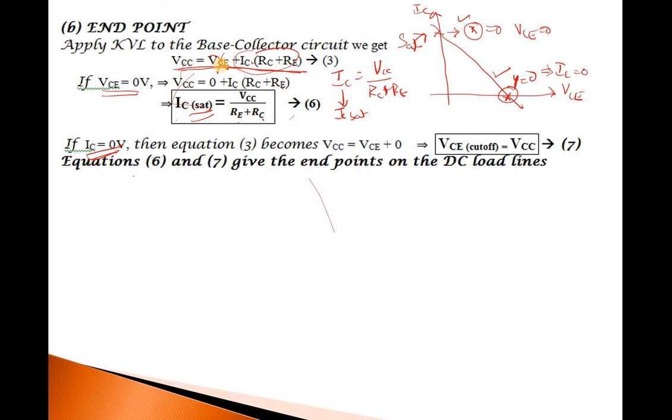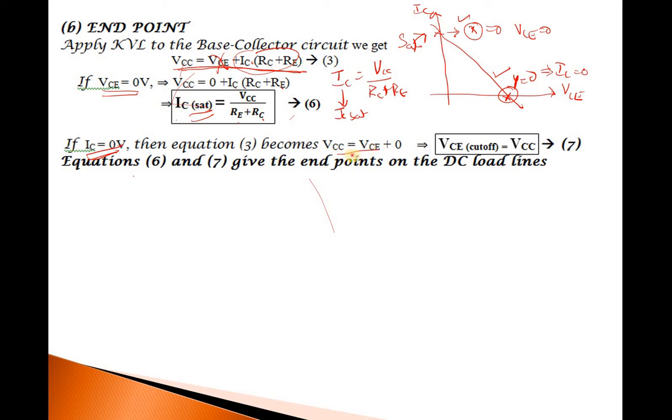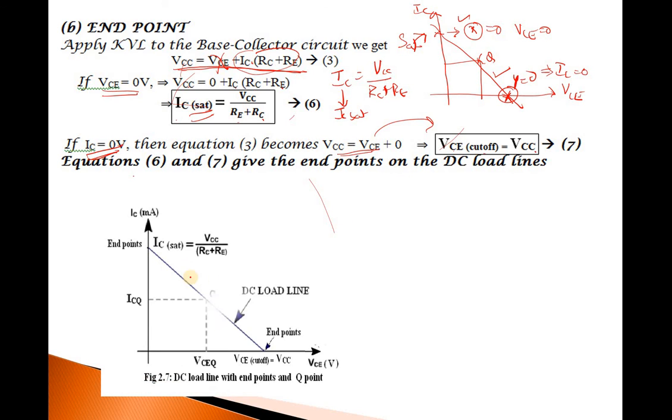I will have VCC is equal to VCE. This is at the cutoff region, so I can write VCE cutoff is equal to VCC. So I got 2 end points and I got the Q point. So definitely I can get the DC load line as well as the Q point for a voltage divider biasing circuit.